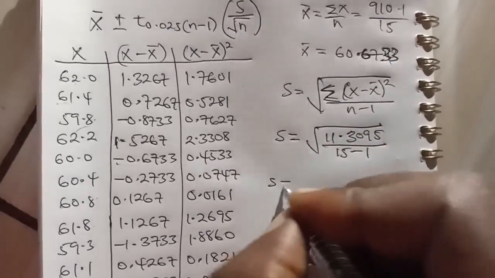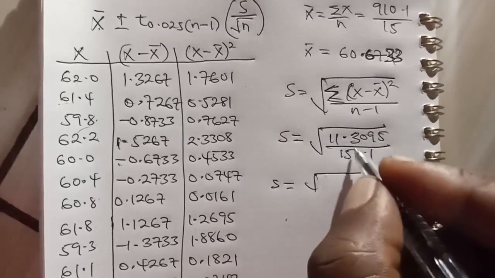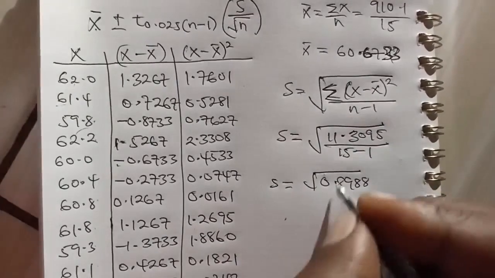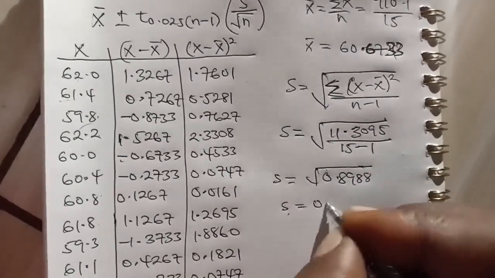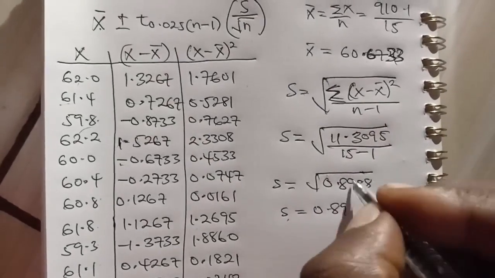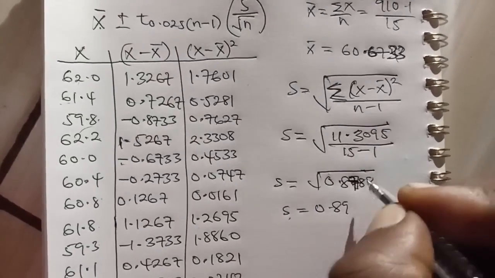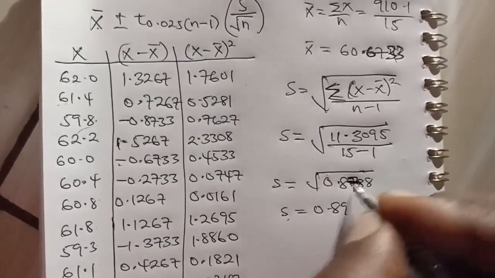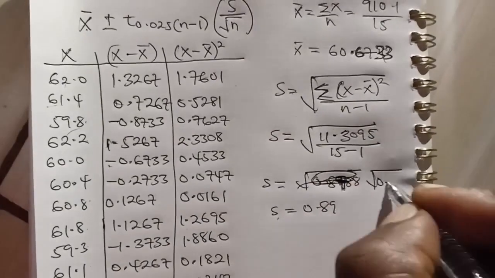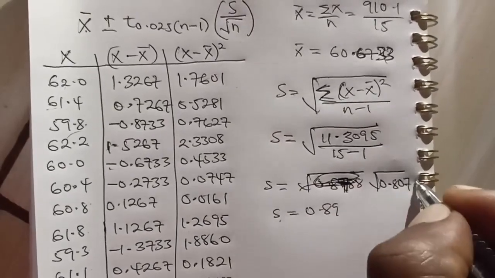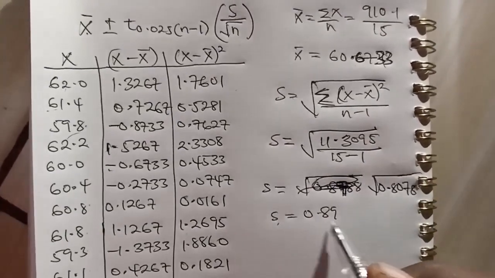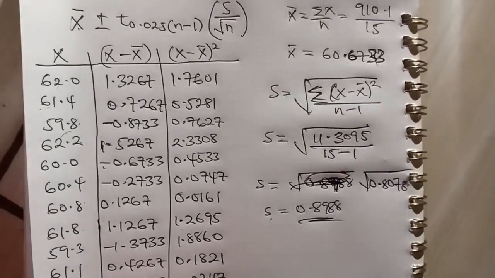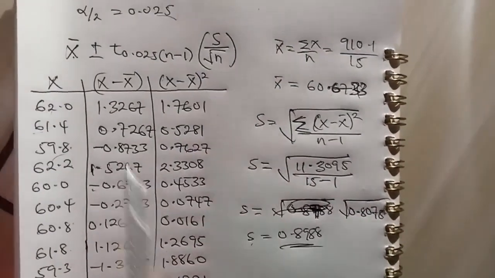If we divide this by 14, we're going to get 0.8078, and the square root of that is 0.8988. So now that we've gotten our standard deviation, we can make use of our formula.